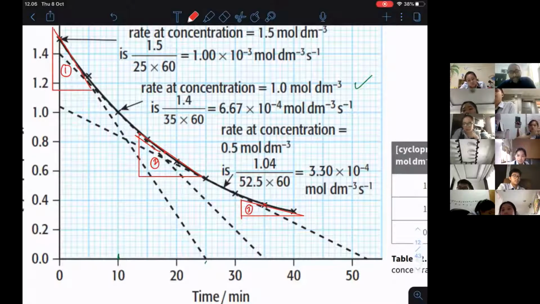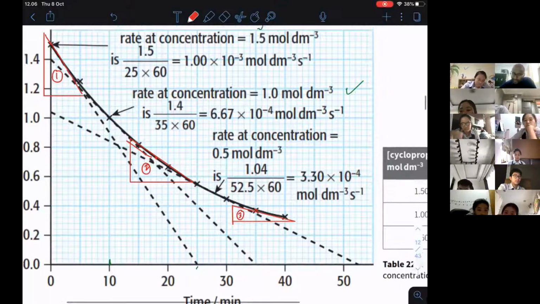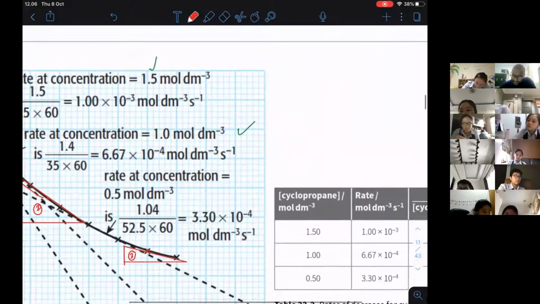Is the gradient getting steeper or less steep? Why does it suddenly become lesser, then bigger? When we see gradient, I think you need to understand the concept of gradient.